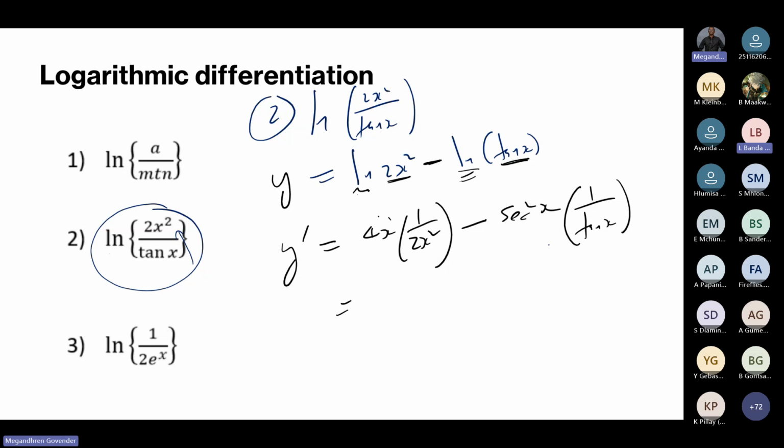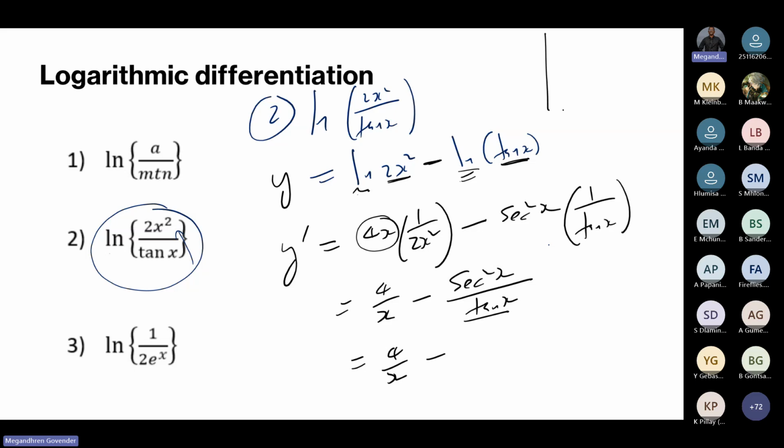So now I can simplify that. That becomes 4 over x minus. I think this one can factorize as well nicely, and you should get something quite easy. I'm thinking that this is 4 over x, but remember tan x is sine x over cos x, and sec squared x is 1 over cos squared x. So if I just simplify this, sec squared x is 1 over cos squared x.